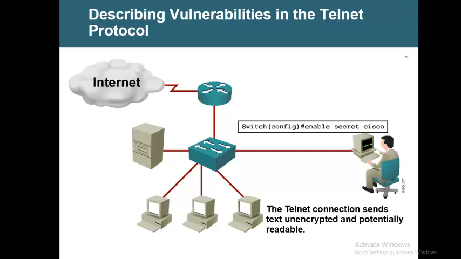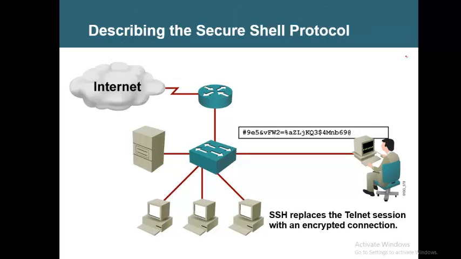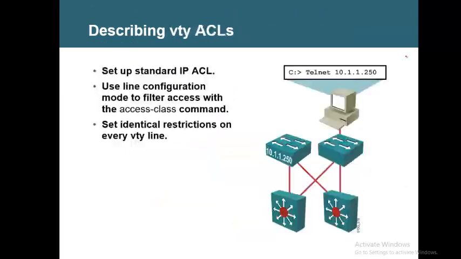Same way in Cisco also, anyone can telnet if you don't specify who can telnet. So use a secured enable password. Try to use SSH instead of telnet, and also try to put an access list and say who can telnet. Put an ACL and say who can telnet.